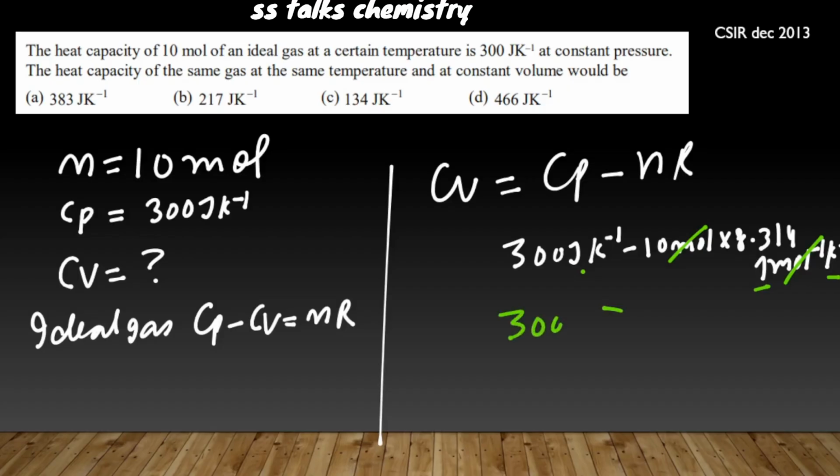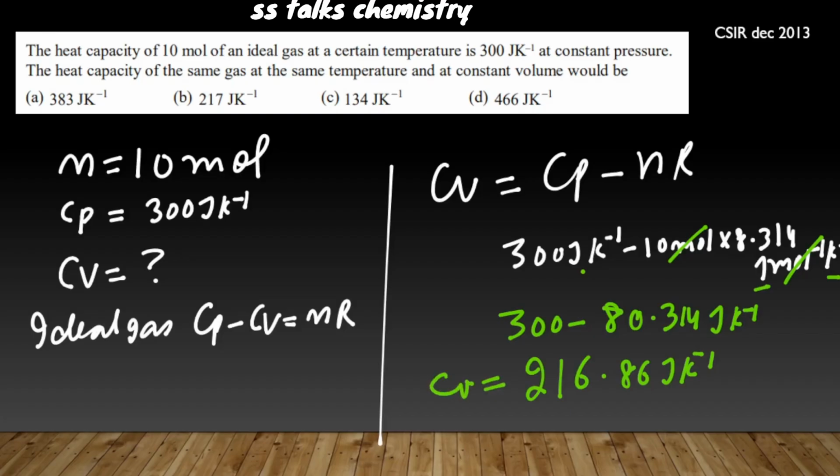So this is 300 minus 83.14 in units of joule per Kelvin. We will be getting the value 216.86 joules per Kelvin. This is the value of Cv that we will be getting. So this is approximately equal to 217 joules per Kelvin. That is, option B is the right answer in this case.